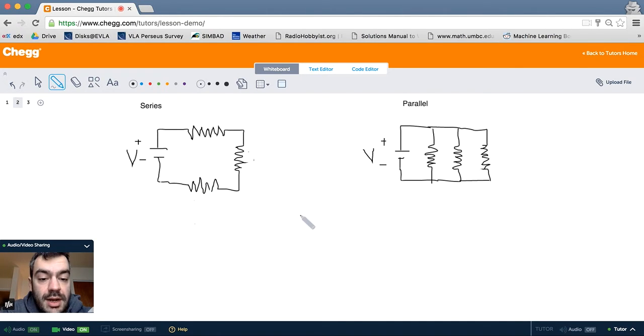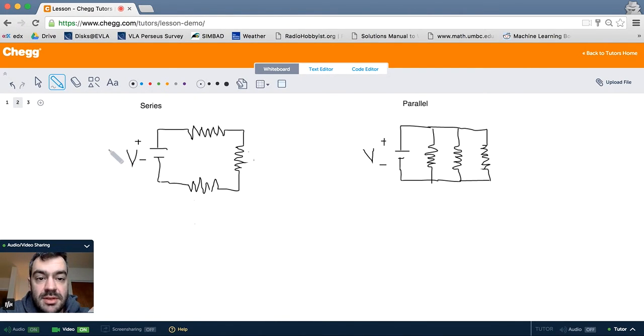On the right, we have a battery, again, connected in parallel with three resistors, here, here, and here. We want to see how these circuits differ because of the geometry of the resistor placement in these two cases.